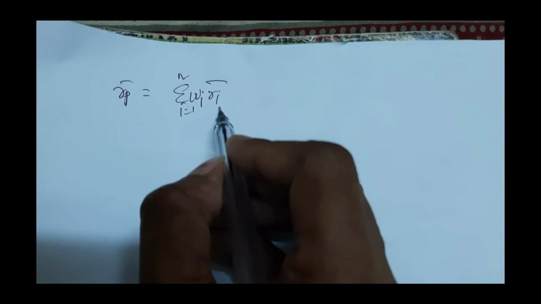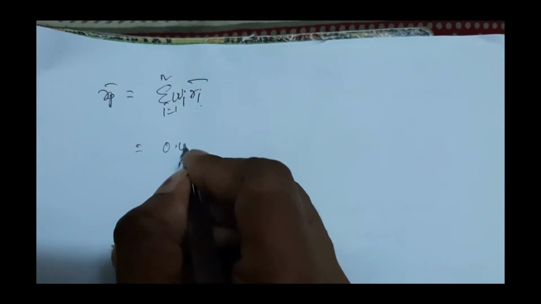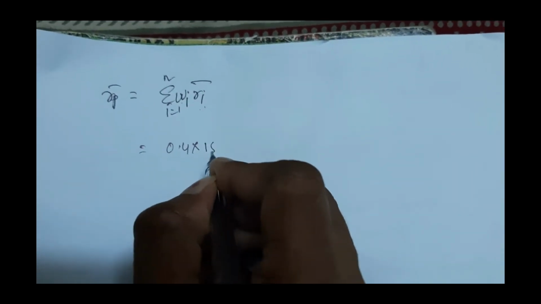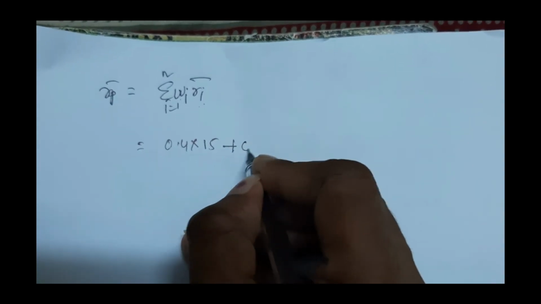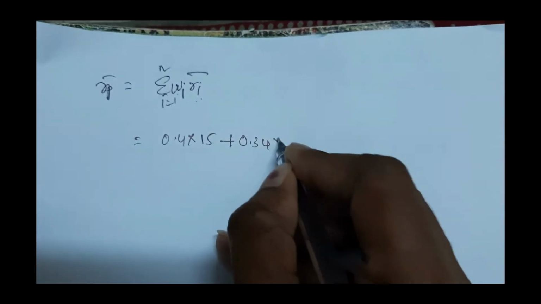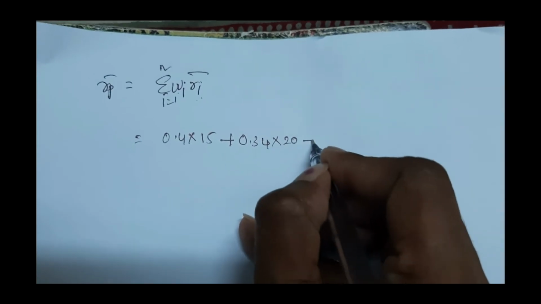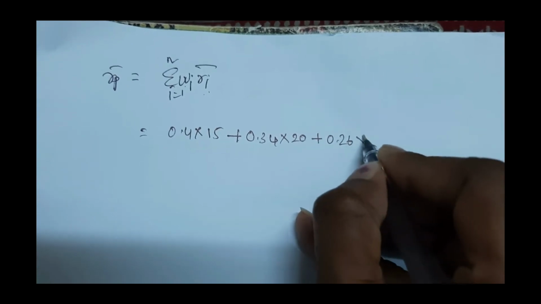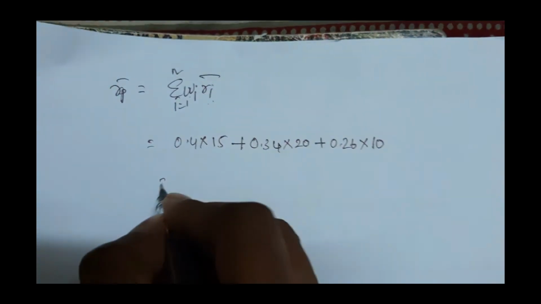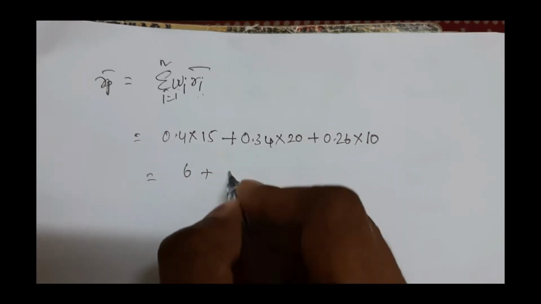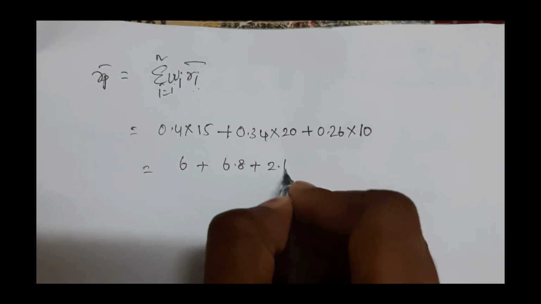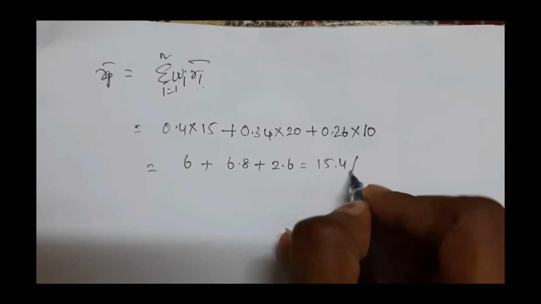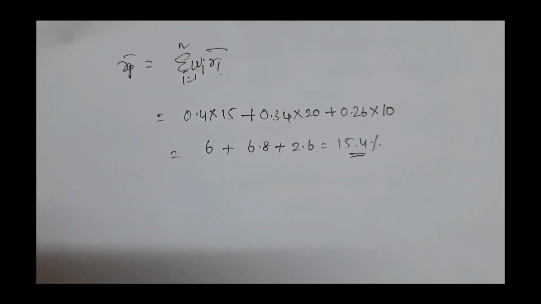So weights are to be multiplied with their returns and summed. So the first security weight is 0.4 into 15%, plus the second security weight 0.34 into the second security return 20%, plus the third security weight is 0.26 and its return is 10%. So 6 plus 6.8 plus 2.6, we will get 15.4% as the expected return.